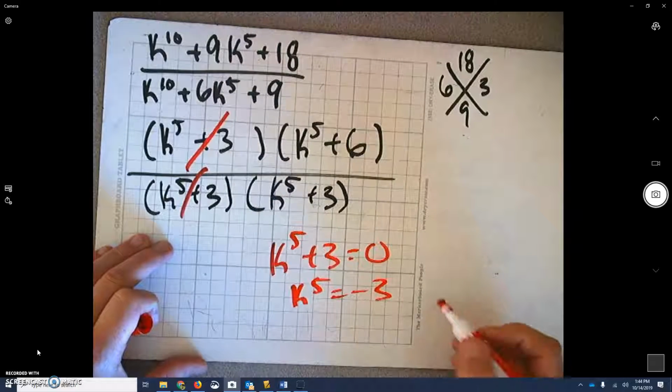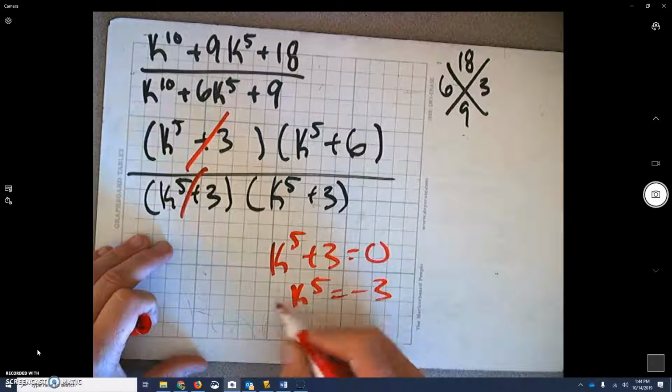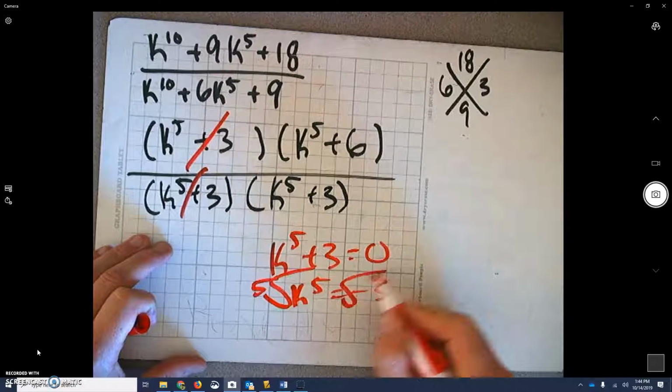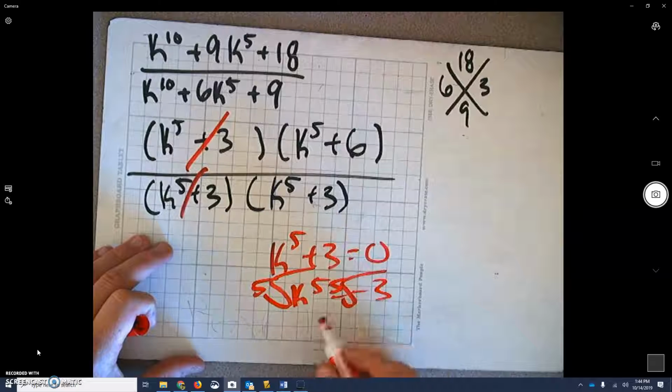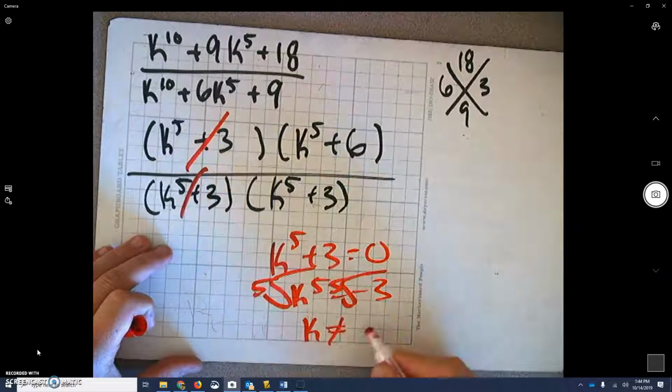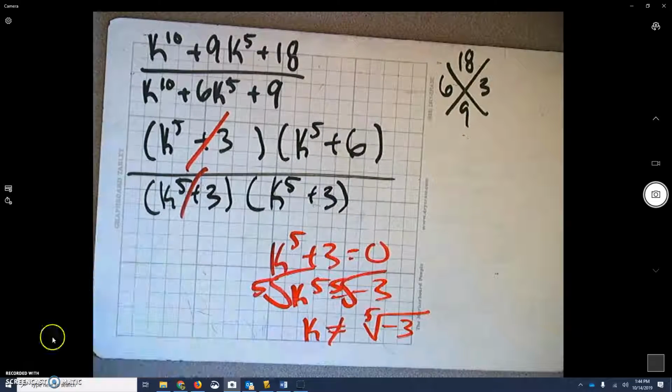I move the 3 over, and then we're going to take the fifth root of both of these. And so k cannot equal the fifth root of negative 3. And then this is our answer right here, k^5 plus 6 over k^5 plus 3.